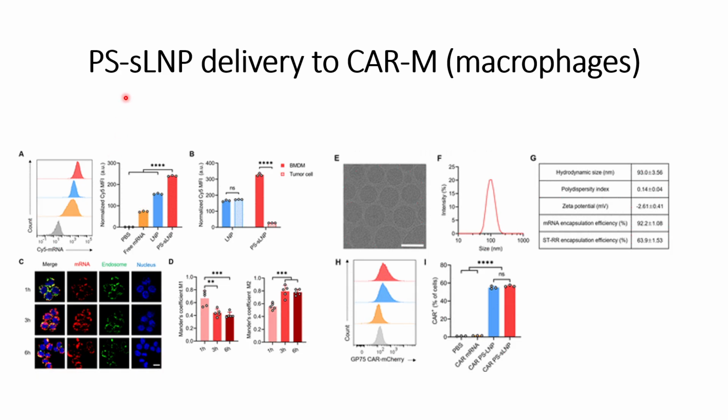They see that in the case where the macrophages are pre-treated with the empty PS-sLNP, there is a 43% decrease in the mRNA Cy5 expression, indicating that phagocytosis is the main pathway through which this PS-sLNP gets delivered into the macrophages. Those results are shown in the supplemental figures. You can refer to the reference if you want to see those results.